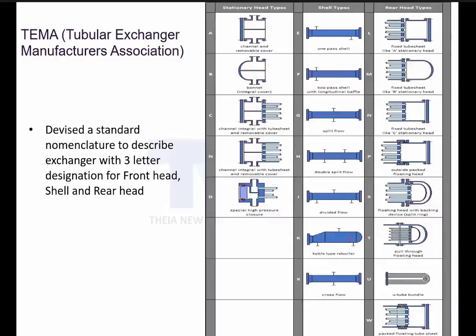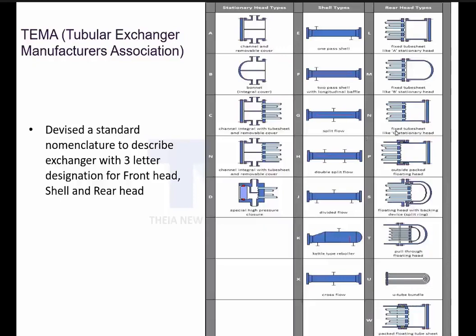Whenever you see W, these exchangers will not have hydrocarbons. Maybe water, or non-flammable, non-toxic liquids generally, and those liquids need to expand. So this is used mainly for non-toxic, not for flammable.